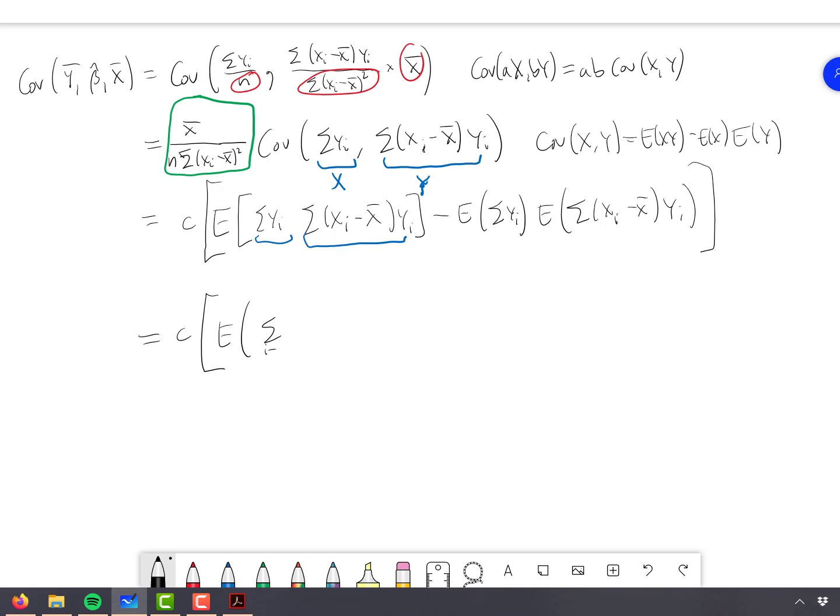So we have the expectation of the sum of i equals 1 to n of, we'll say, xi minus x bar times yi squared plus the sum where i is not equal to j of xi minus x bar yi times, we'll say yj here, just to keep our two different y's straight in this case.